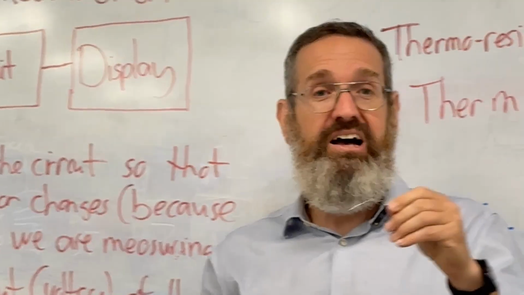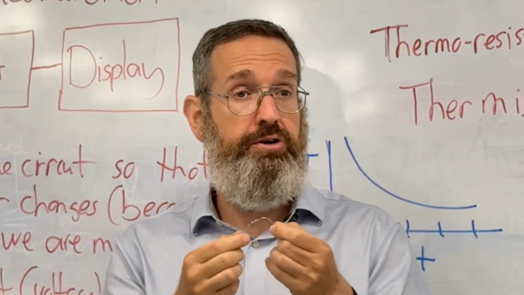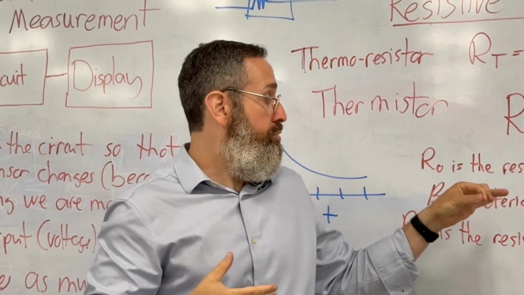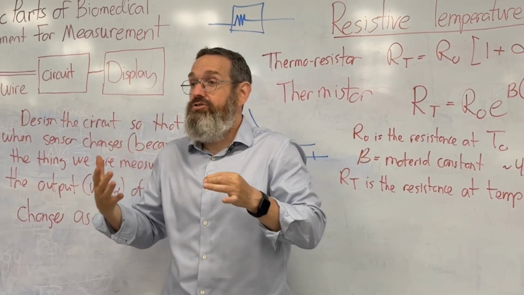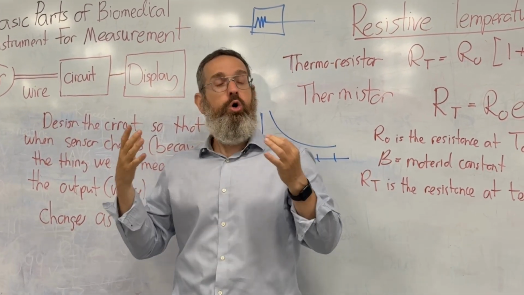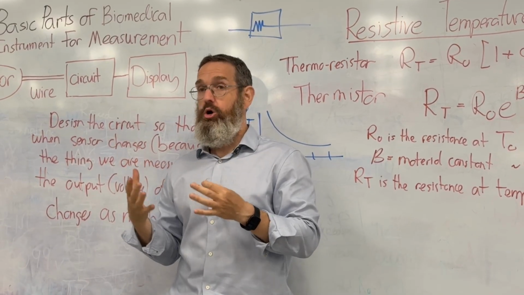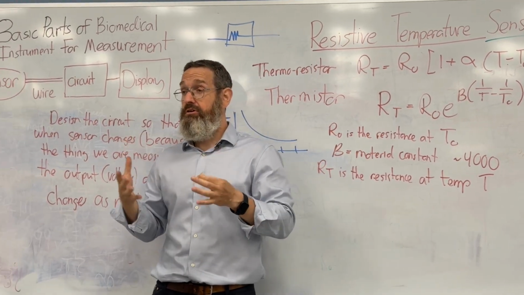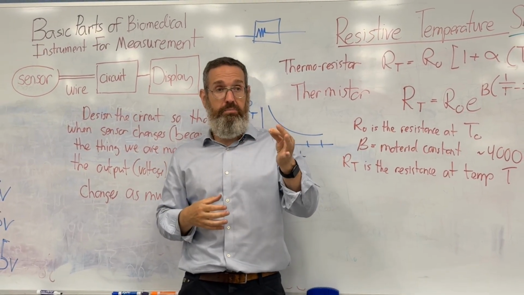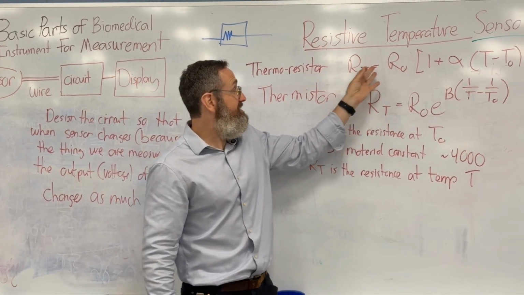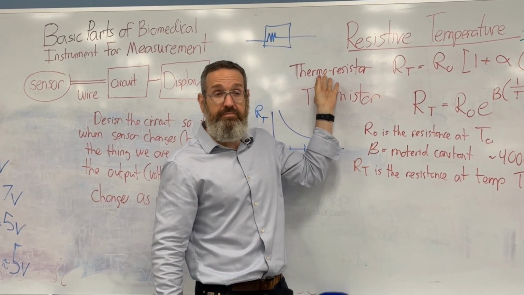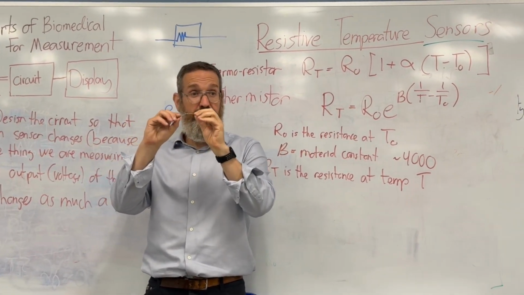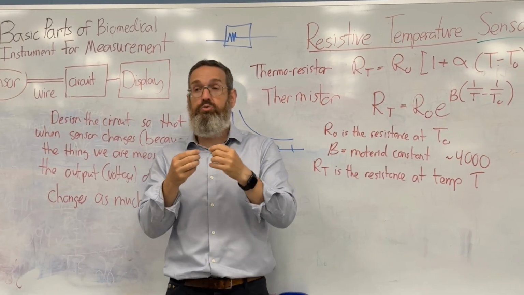And so when you have a resistor that is sensitive to temperature, it is because when it heats up, its material properties change. There's a whole bunch of materials out there whose material properties change with temperature. There are some materials that when you heat them up, their resistance goes up, and it actually goes up linearly. When we make resistors out of those materials, we call them thermoresistors.